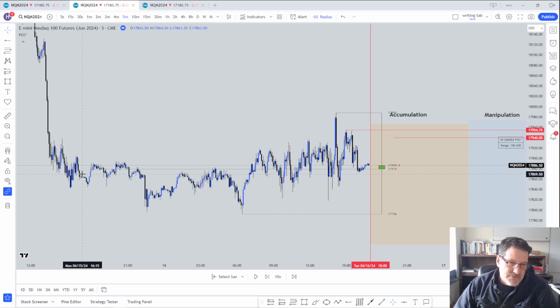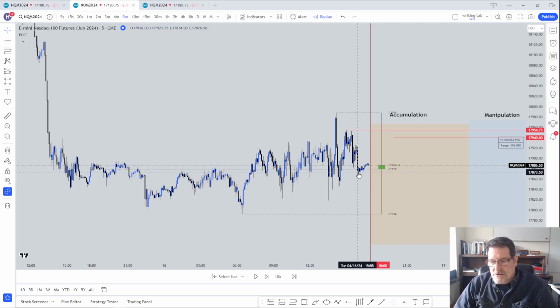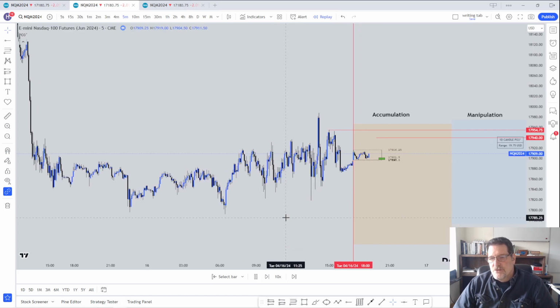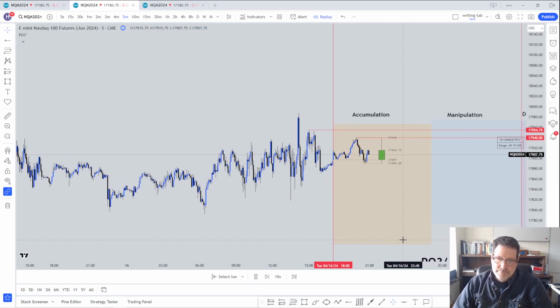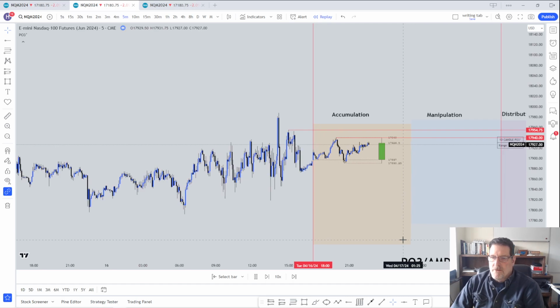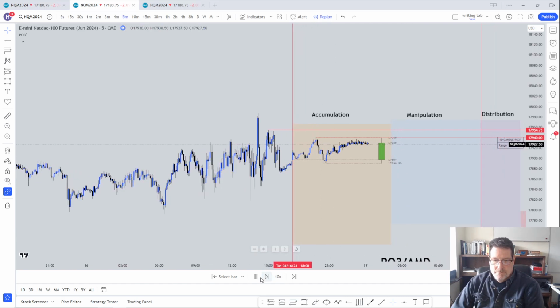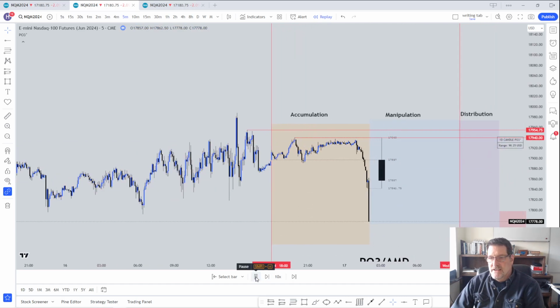But if you look at this one, it kind of stayed just around that opening and kept coming back to that opening price. That is what we would call a low probability trading day. And it doesn't mean there aren't scalps in here, but it doesn't give you that really nice distribution that we had on the next day.